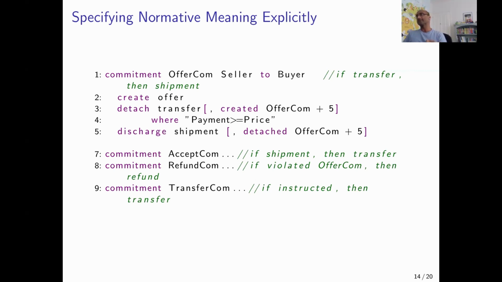And its meaning is that if offer happens, and then if transfer happens within 5 days of the offer happening, where the payment is greater than or equal to price, where the payment is an attribute in transfer, and that's greater than or equal to the price in the offer, then the seller is committed to doing shipment within 5 days of this transfer happening.